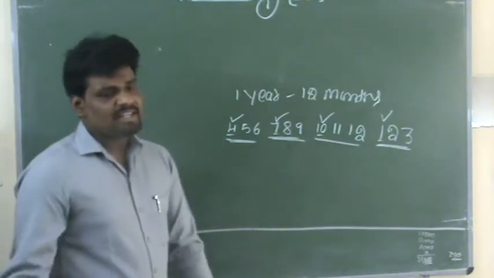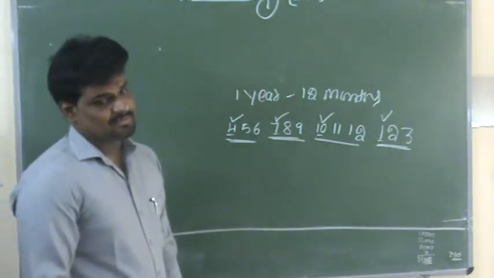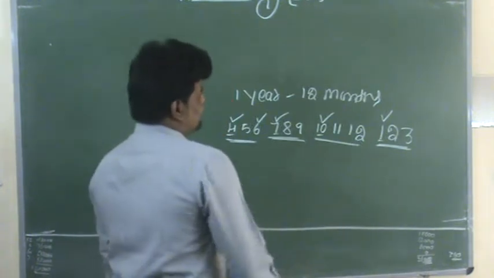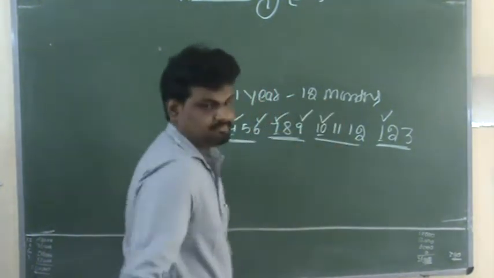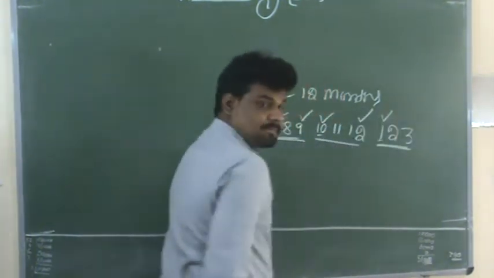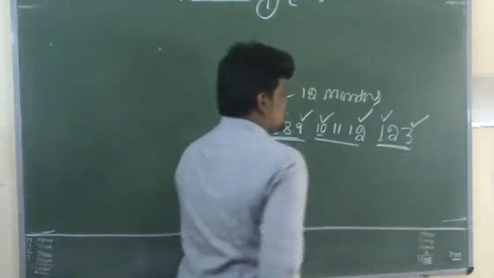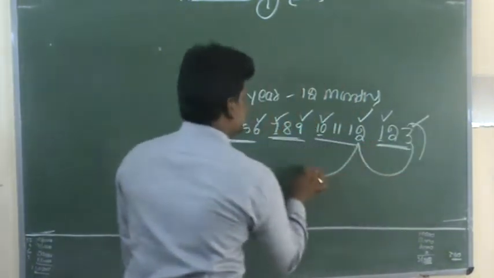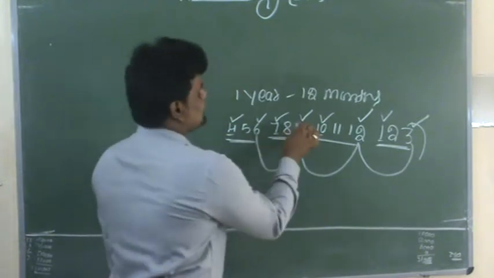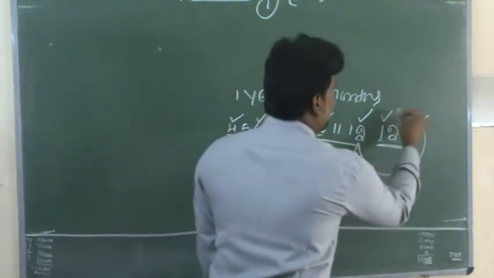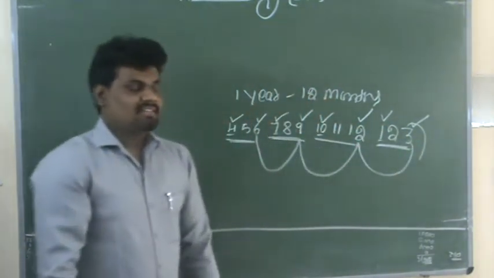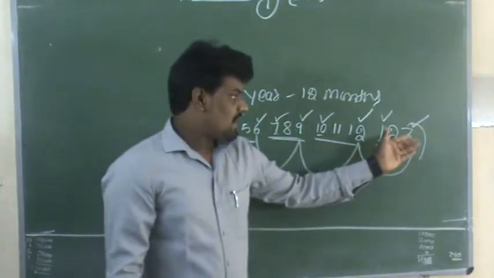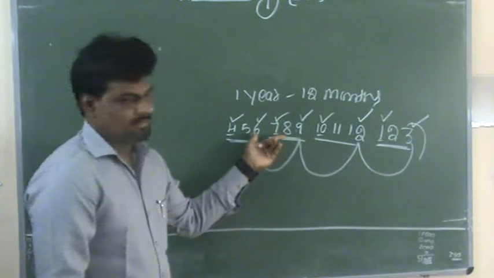For the end of each quarter, we take the end of the months 6, 9, 12 and 3: 30th June, 30th September, 31st December and 31st March. When the partner withdraws at the end of each quarter, we take these months.